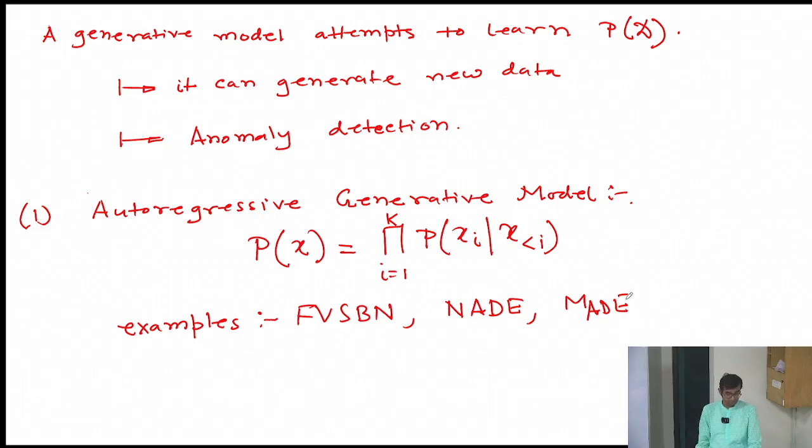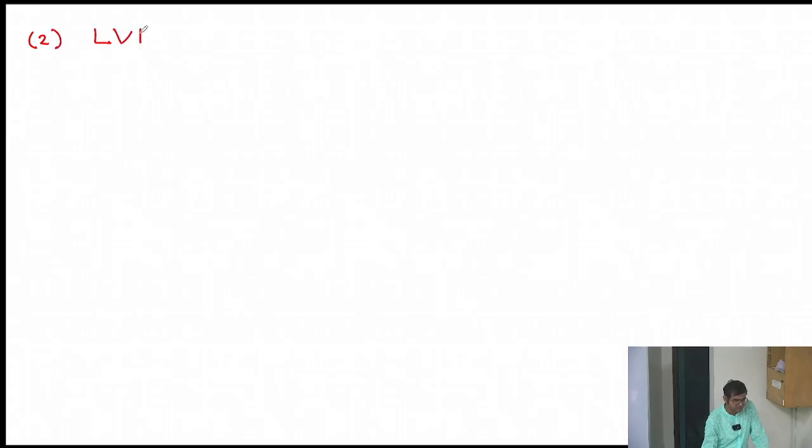The second one we talked about was latent variable model. In this case, the idea is that there is a latent factor that is influencing the generation of data. And so what you do is you introduce a latent variable.